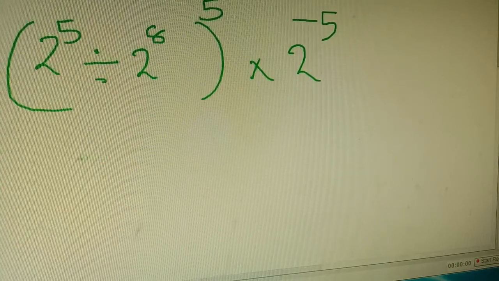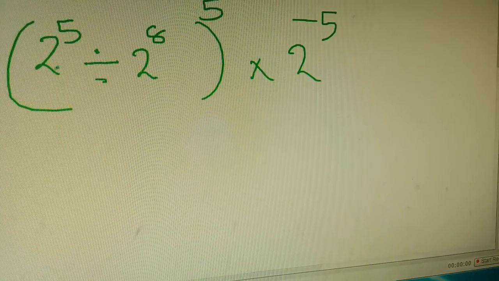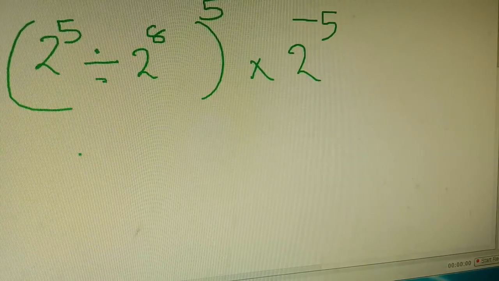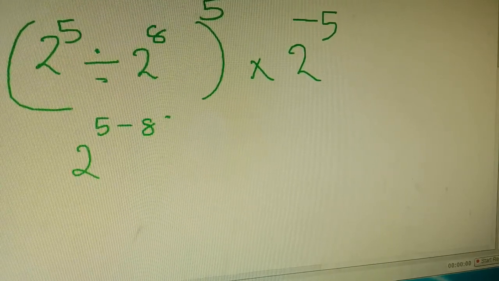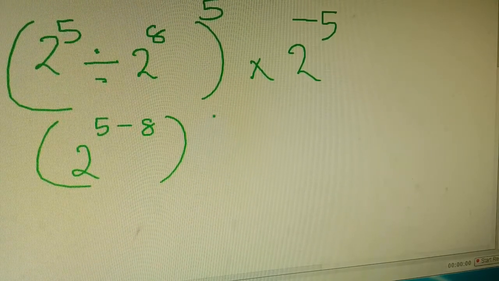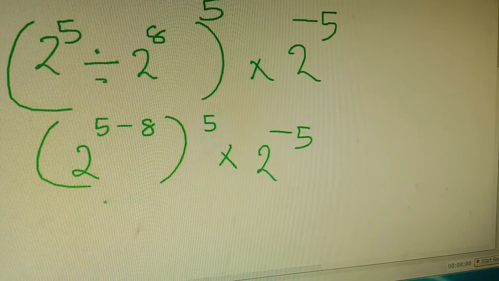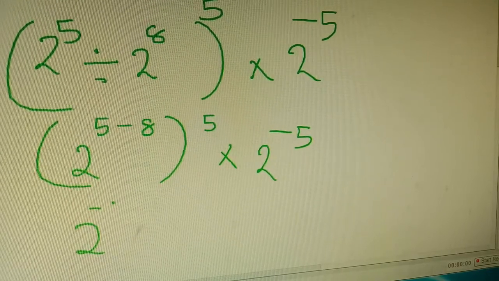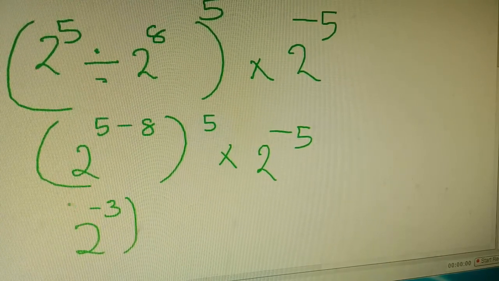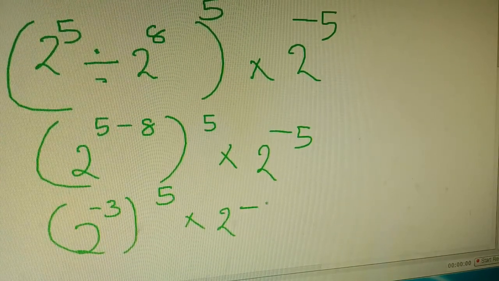First we can do the simplification in brackets. 2 to the power of 5 divided by 2 to the power of 8, that is 2 to the power of 5 minus 8, then whole to the power of 5 times 2 to the power of negative 5. Then 5 minus 8 is negative 3, so 2 to the power of negative 3, to the power of 5, then times 2 to the power of negative 5.